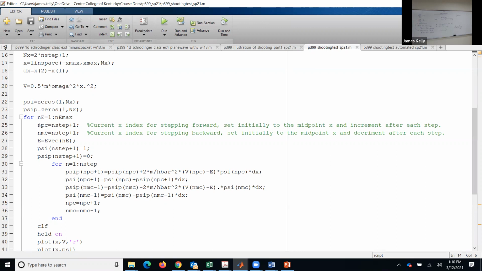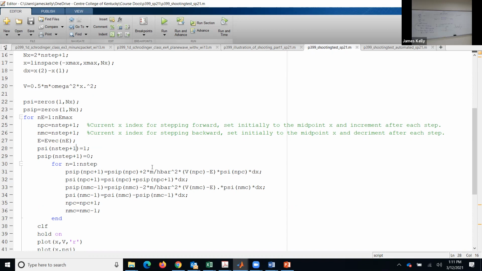So this is the index I'm currently at for stepping forward, that's plus, C for current. Okay, and they're both going to start out right at the middle index. I'm going to set the current energy equal to the relevant value from the energy vector. And at that location, I could have put this as NPC here and NMC. But in any case, at the very middle, I'm going to set the value equal to 1 and the derivative equal to 0. That means I'm looking for an even solution.